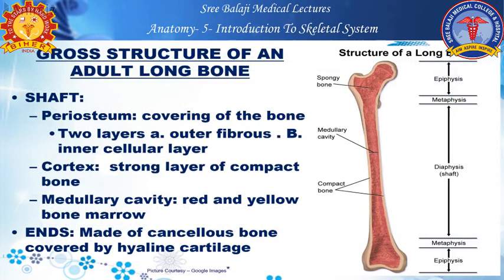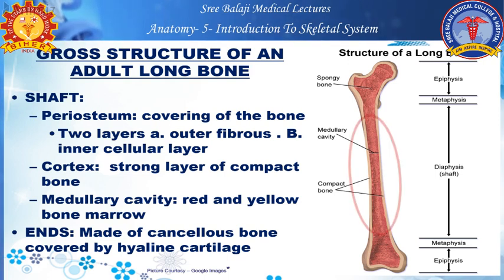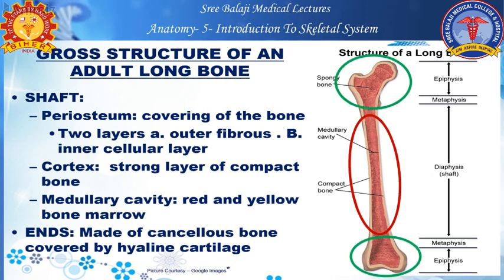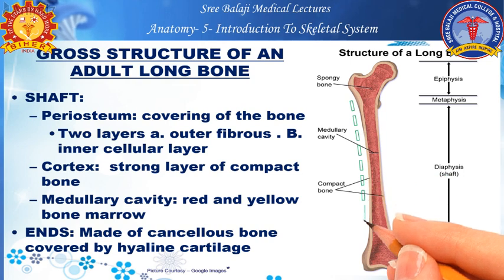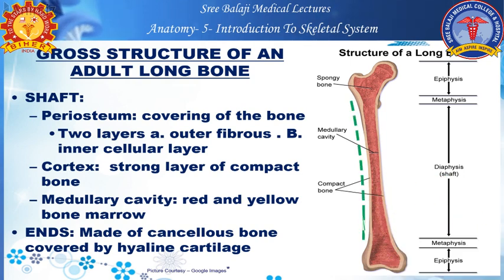Next, going ahead to the gross structure of an adult long bone. An adult long bone has a shaft, which is the middle part of the bone, and two ends. The shaft of the bone is covered by the periosteum, which has two layers. The outer layer of the periosteum is called the fibrous layer, and the inner layer is called the cellular layer.